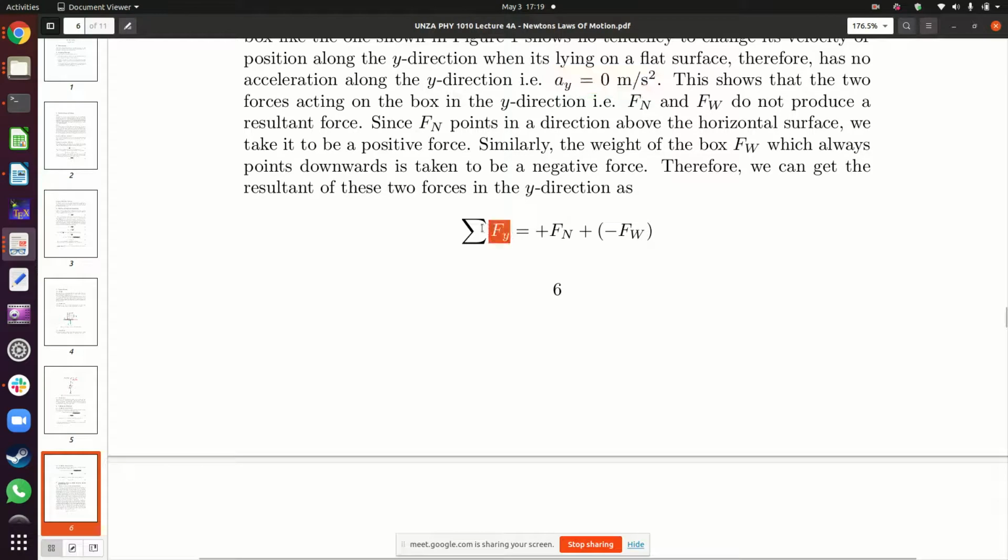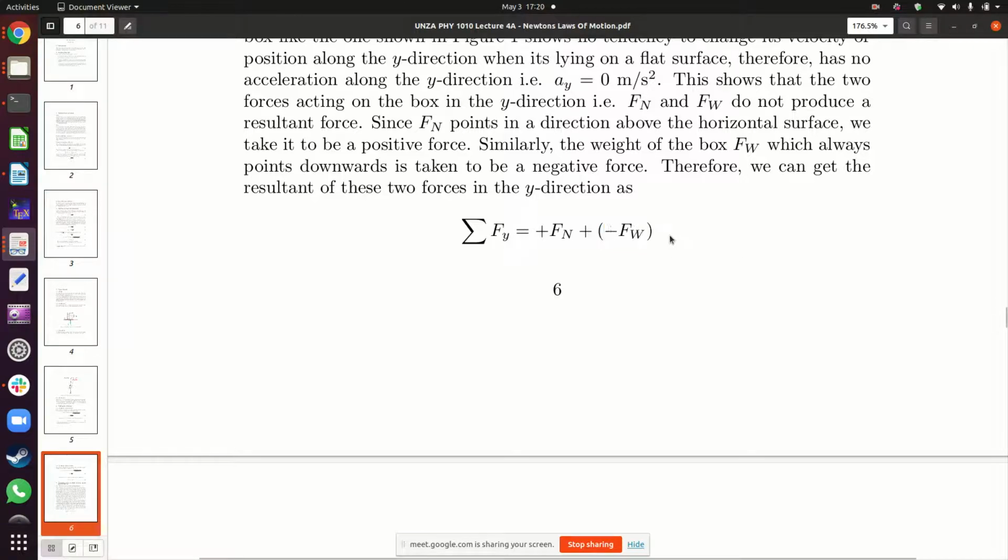So along the y direction, we can obtain our resultant force from these two forces. The summation of Fy, the forces along the y, is going to be the normal force, which you have chosen to be positive because it's pointing above the incline, so plus Fn, plus the weight of the box, which we have chosen to be negative because it's pointing below the incline.